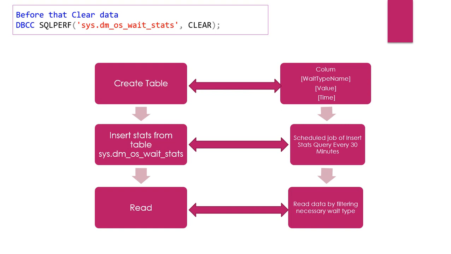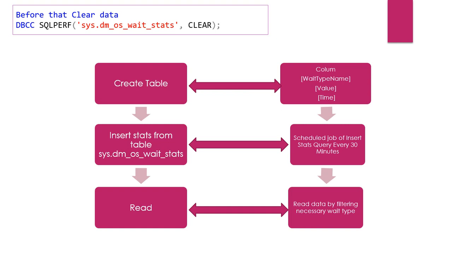Before that, we need to clear the wait stats data. By default, SQL Server clears the cumulative wait statistics for an instance from the sys.dm_os_wait_stats DMV upon an instance restart.